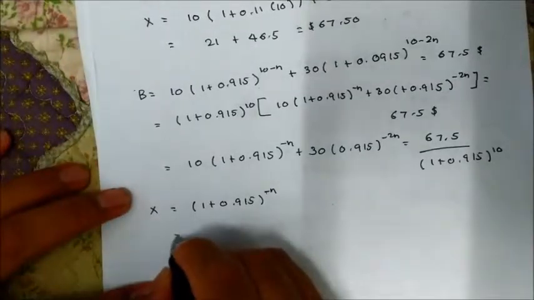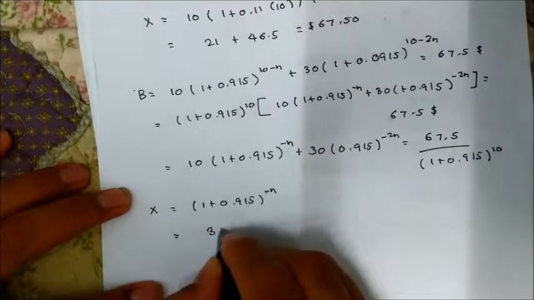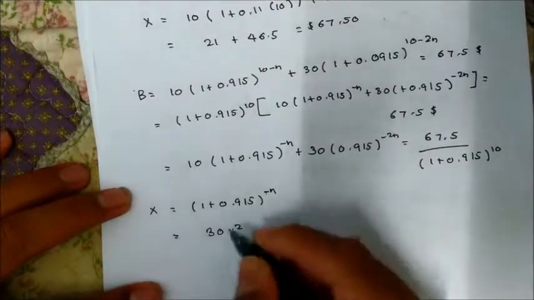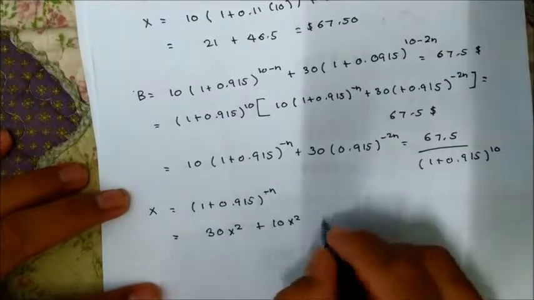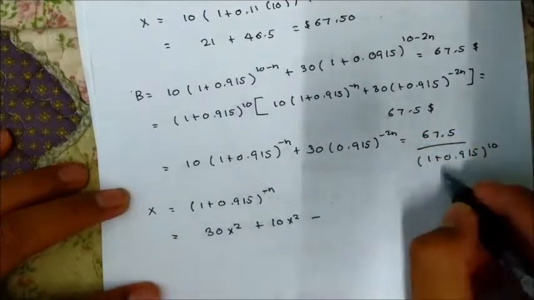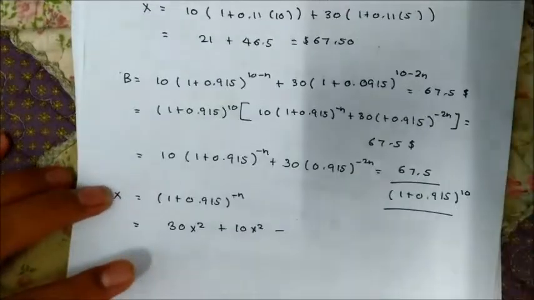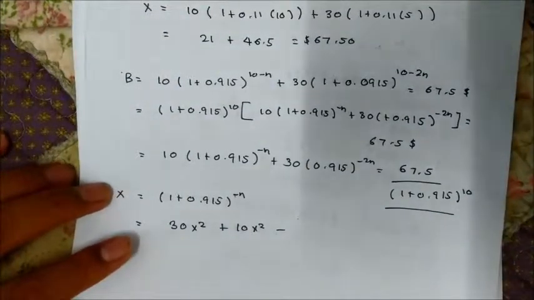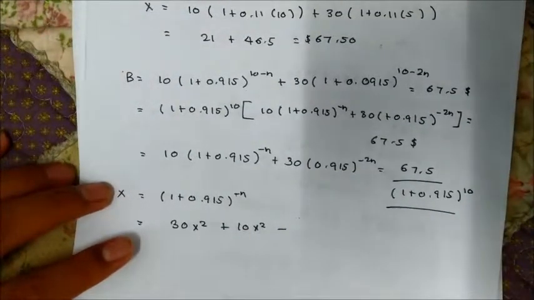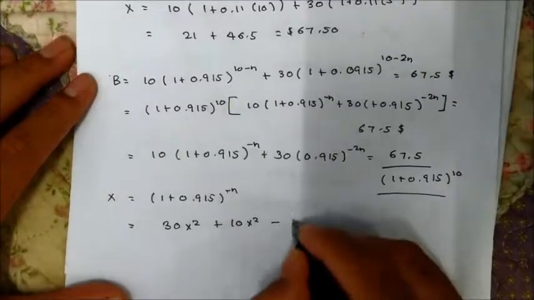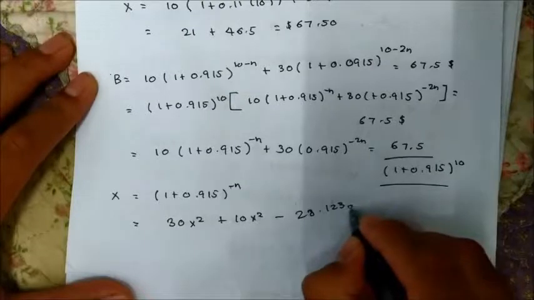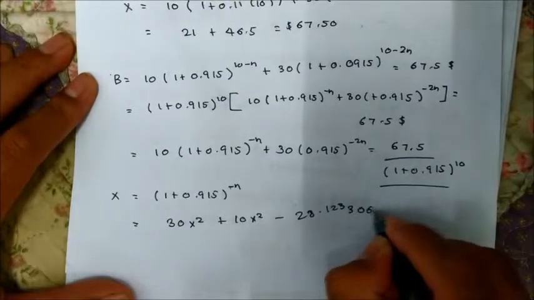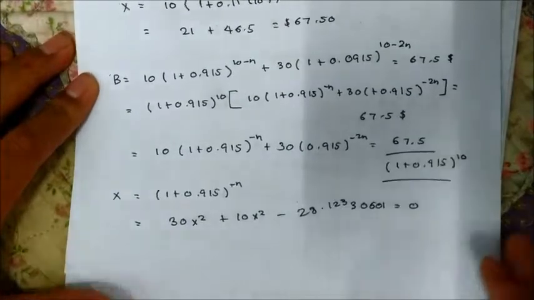Therefore, our equation will become 30x squared plus 10x minus the whole thing in front, which is also equivalent to 28.12330601, which is equivalent to 0.